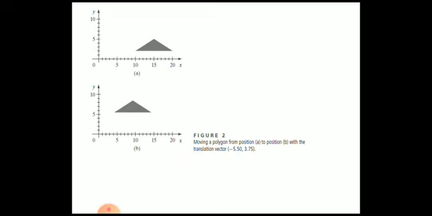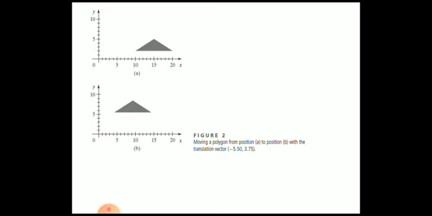Now, take an example here. Moving a polygon from position A to position B with the translation vector minus 5.50, 3.75. That means the first figure A represents the original position of the polygon. The next one represents the translated position of the same polygon. Now, how is this achieved?